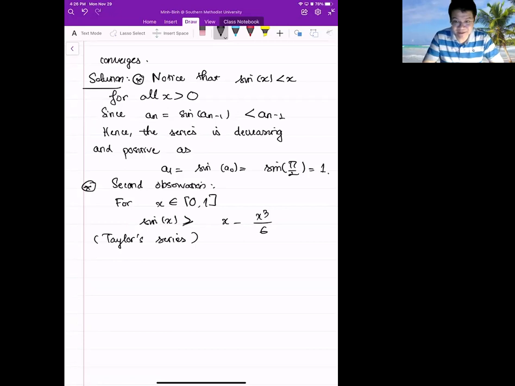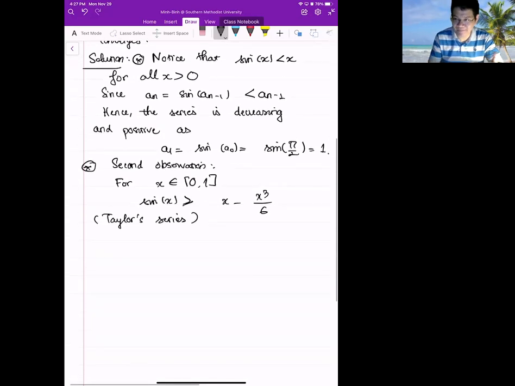So we know that sine of x is bigger than x minus x cubed over 6, and this is something that we're gonna use because we know that an is sine of an minus 1. So based on these two observations, we're gonna have the following claim.